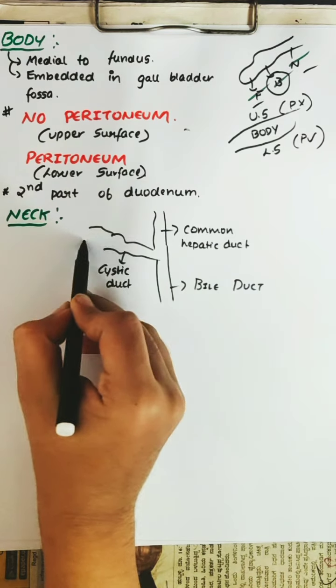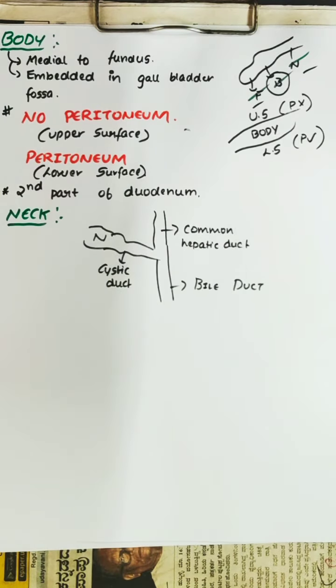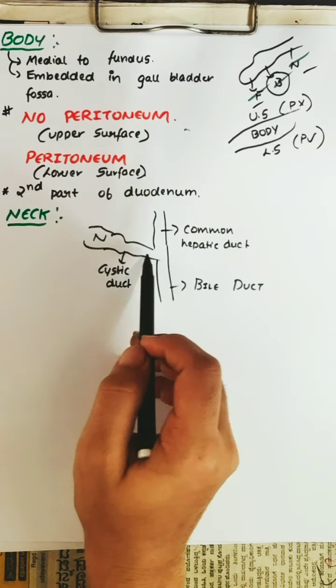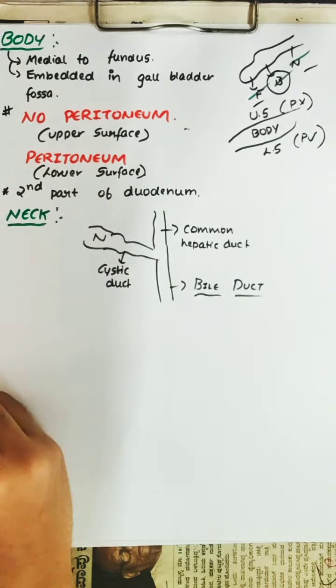So here comes the neck region of the gallbladder. It connects the common hepatic duct to the cystic duct to form the major bile duct.